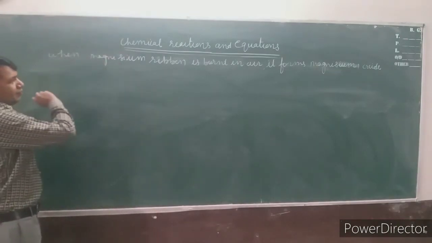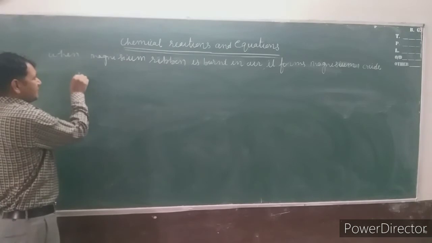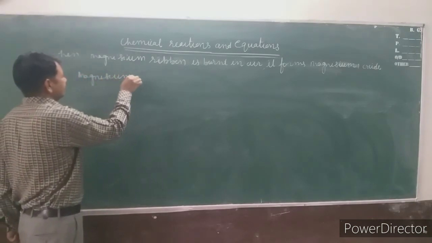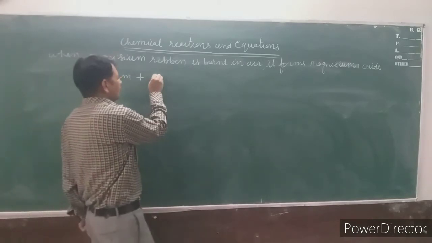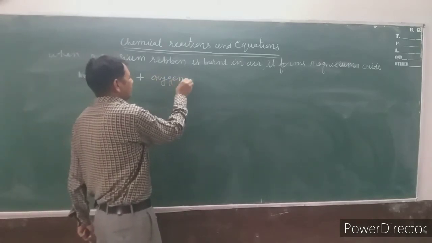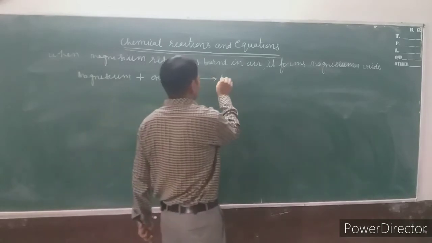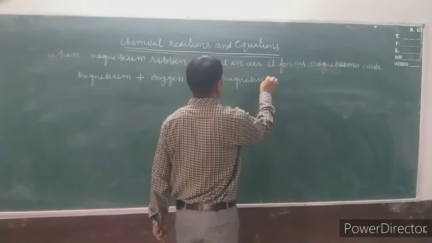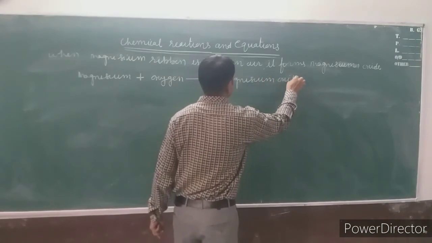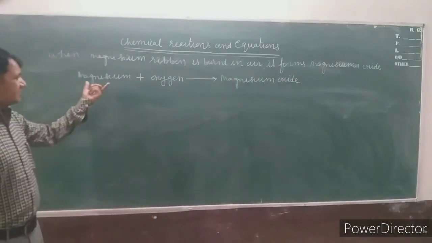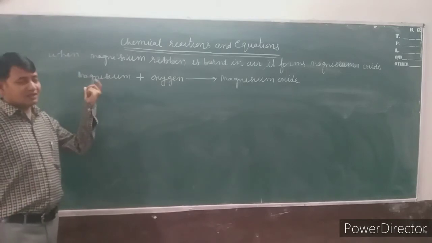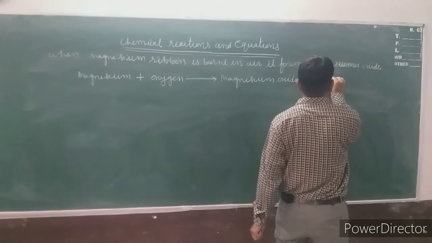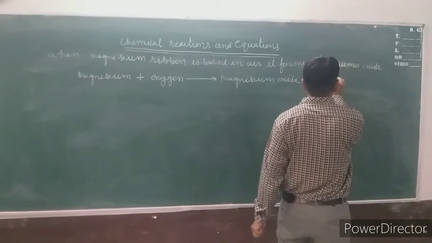When this chemical change is expressed in this manner, magnesium plus oxygen convert into magnesium oxide, such an expression is known as a word equation for the chemical reaction.